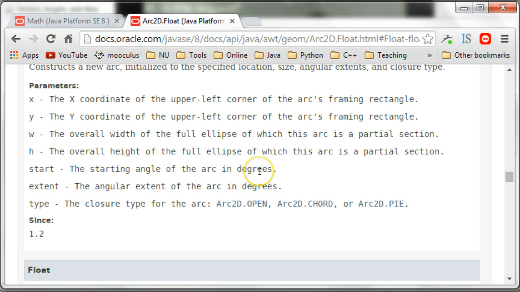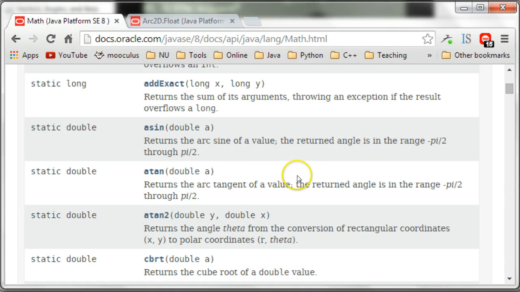Okay, so you're going to have to look up, remember, for arctan, it says it returns the angle in the range of minus pi over 2 to pi over 2, and atan2 returns the angle theta by converting to polar coordinates, meaning this is the one that goes from 0 to 2 pi. So the number you're going to get back from arctangent is going to be in radians.